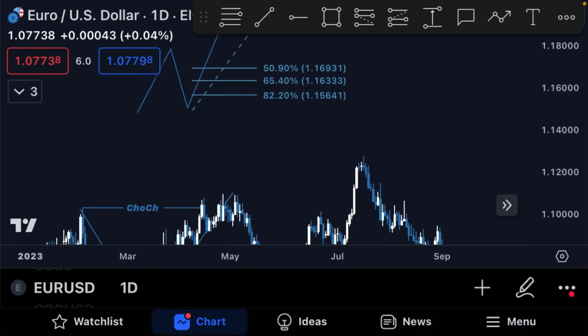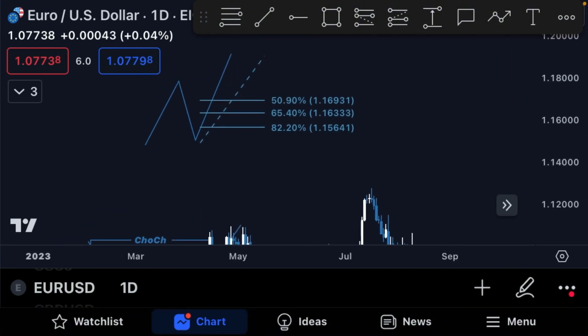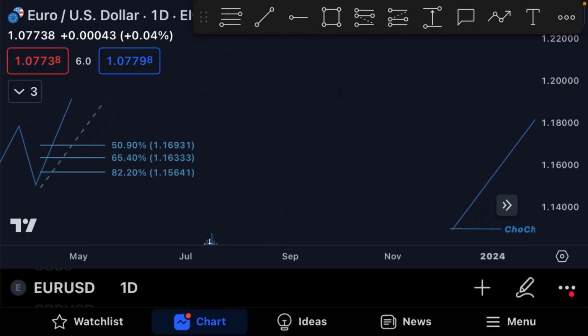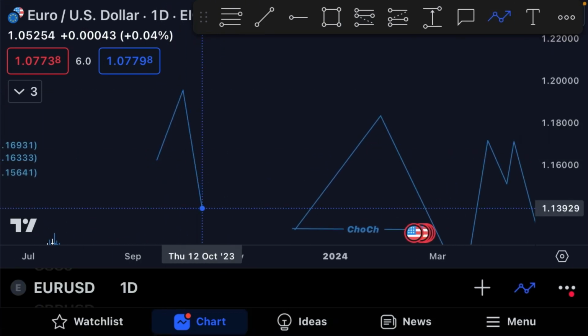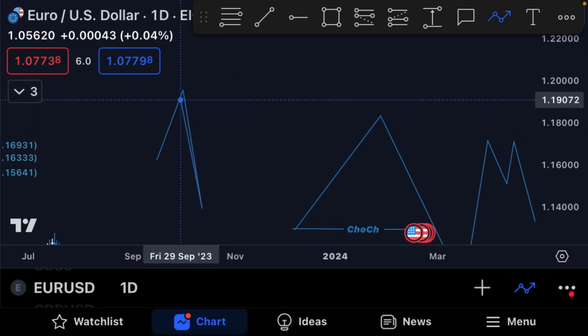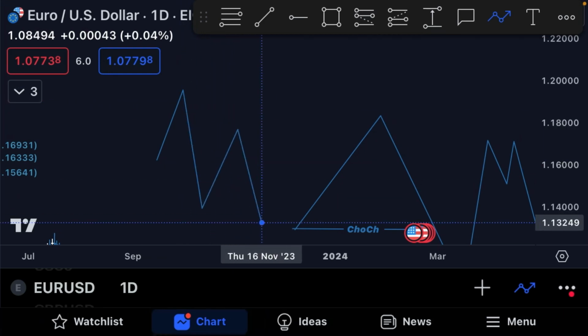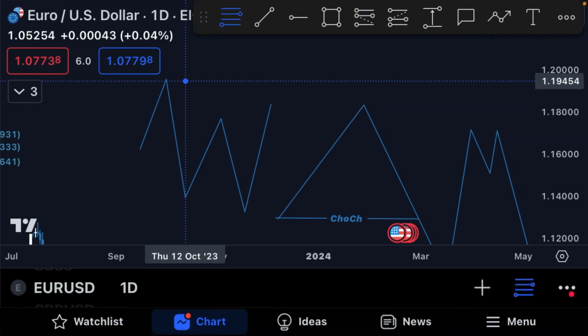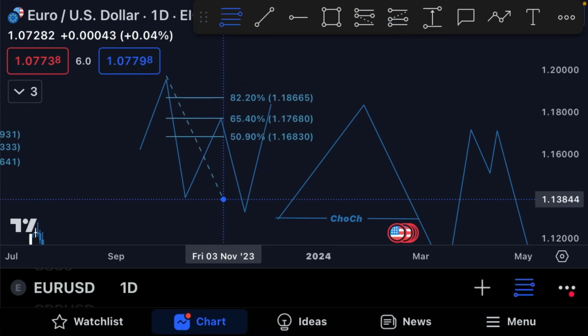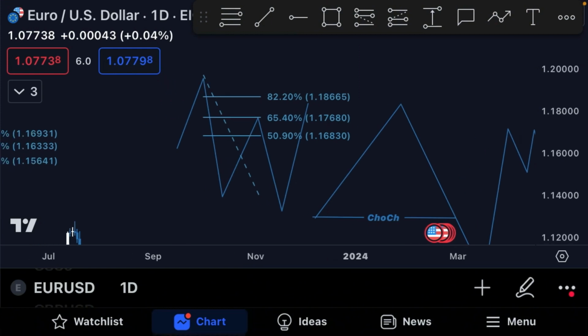Now, I haven't said that this is what we'll be looking out for in a demand setup. For a supply setup, we would be looking out for price to reverse to any of our zones on the Fibonacci and start going in the intended direction.